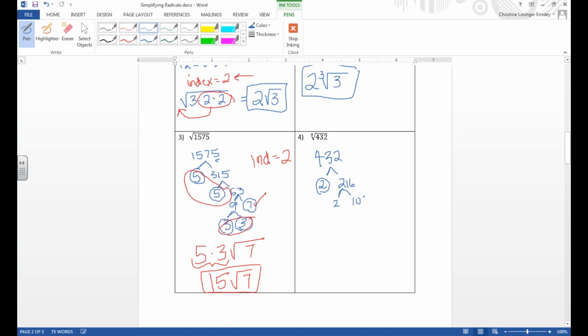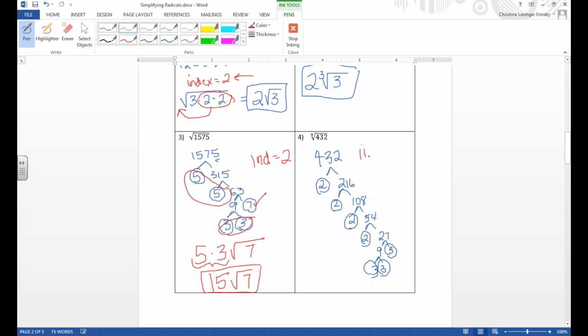That's 2 times 108. 108 can split again. That's 2 times 54. 54 can split into 2 times 27. 27 is 9 times 3, and 9 is 3 times 3. Okay, it's kind of long, but you just chip away at it until you get the information that you need.